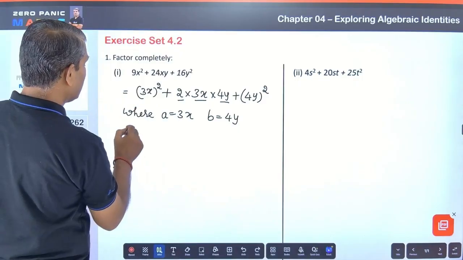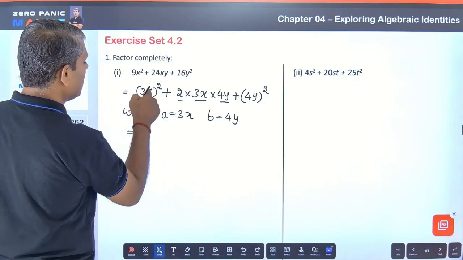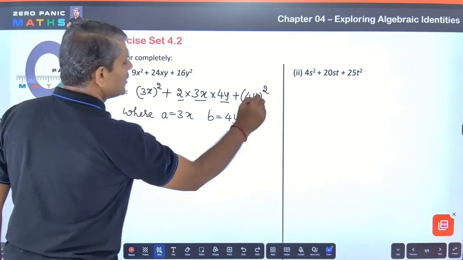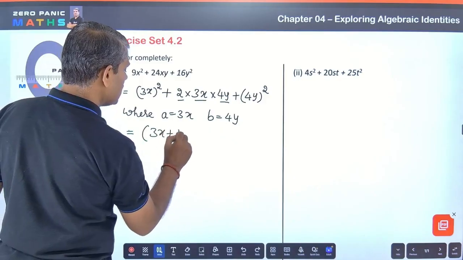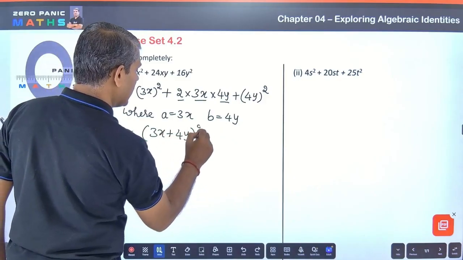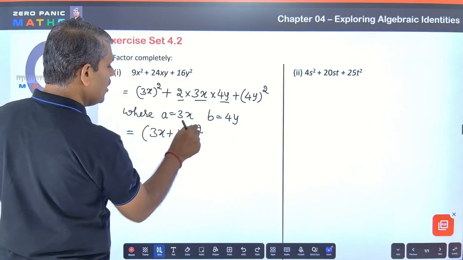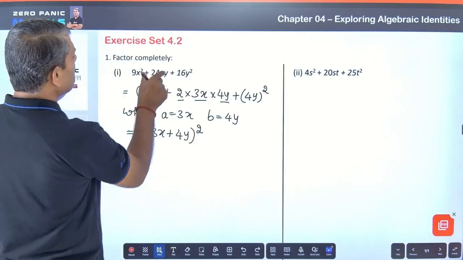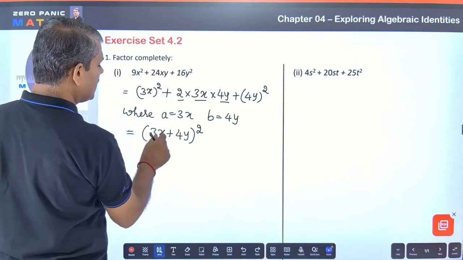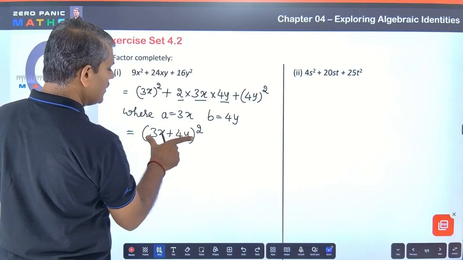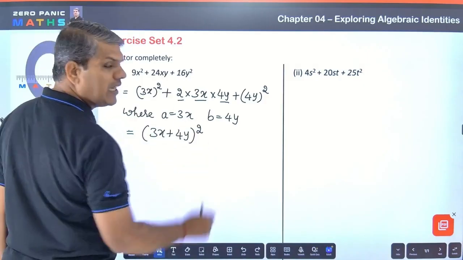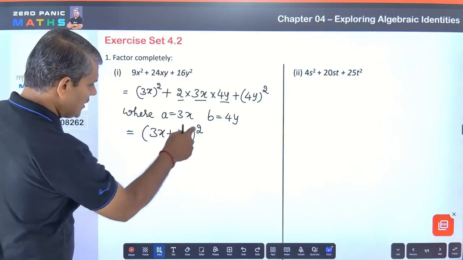Therefore, the exact expanded version I can write as 3x plus 4y whole square, which is a plus b whole square. Therefore, the factors of this expression are 3x plus 4y and another 3x plus 4y, because the whole term is getting multiplied twice. It is square here.